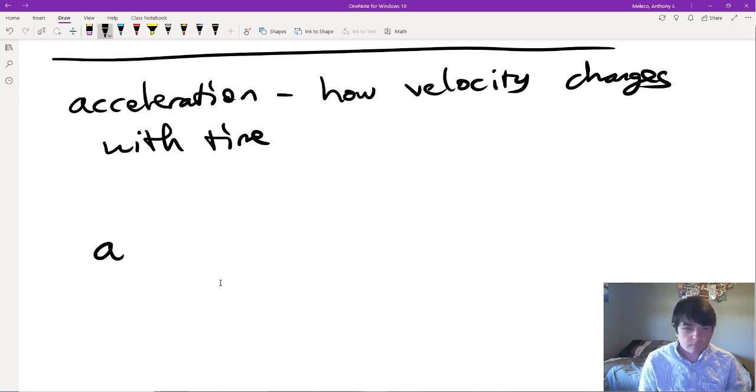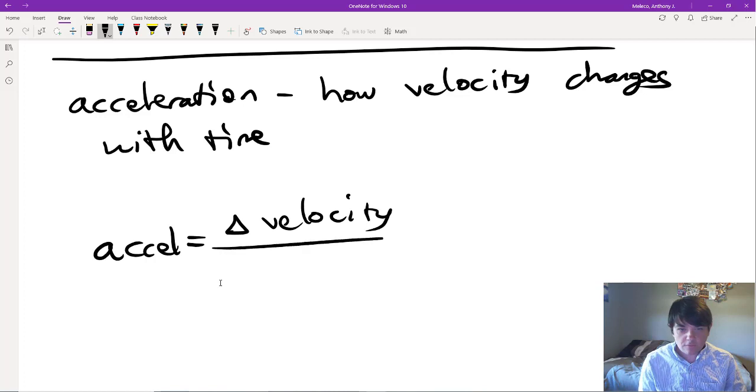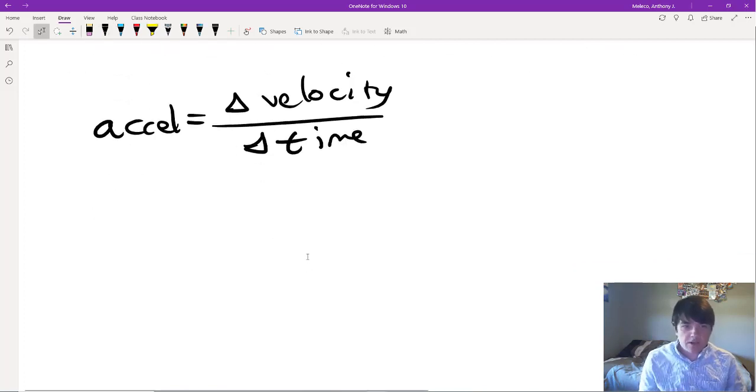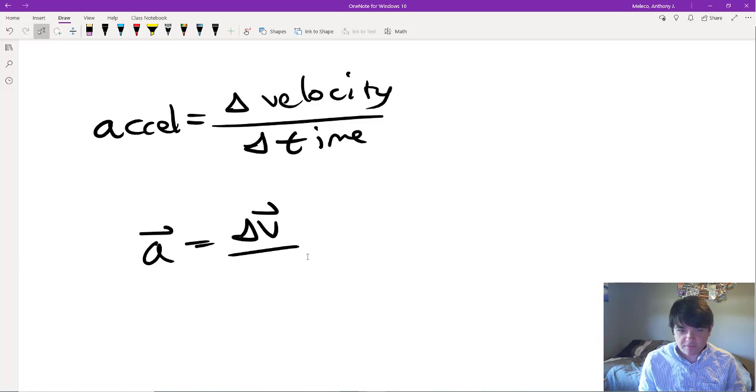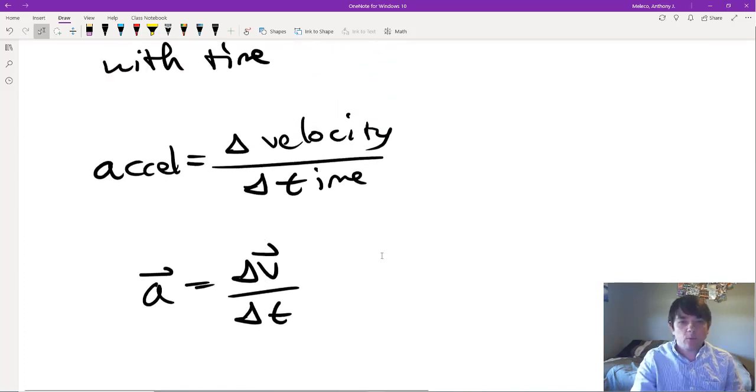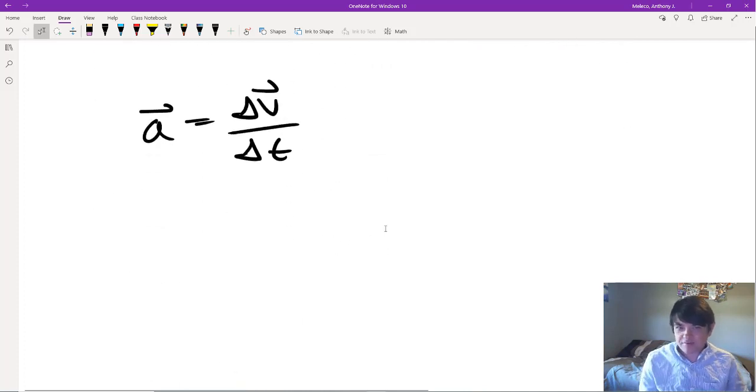So anyway, acceleration equals change in velocity over change in time. We write acceleration with an a with a vector over it, and then delta v over t. You must be wondering, where's the positive only version of acceleration?